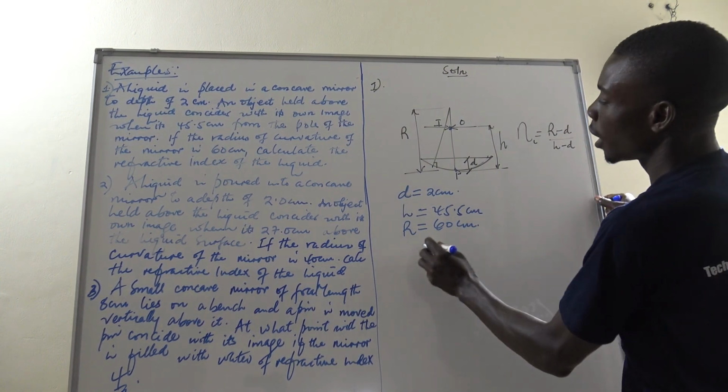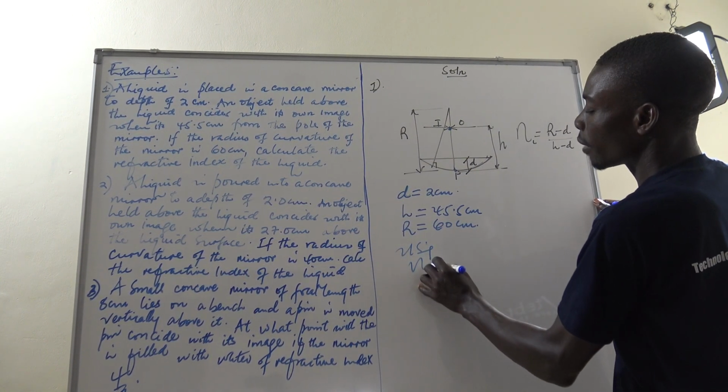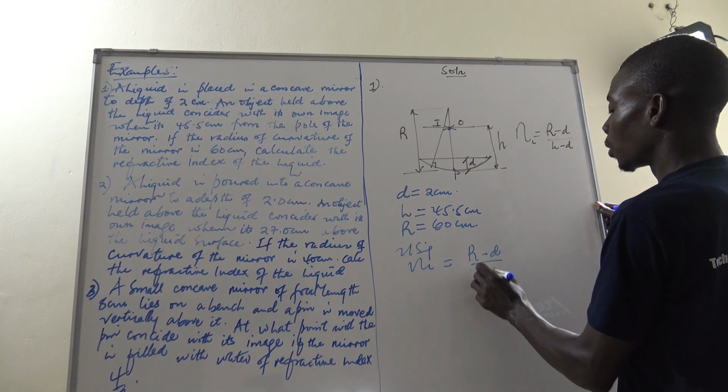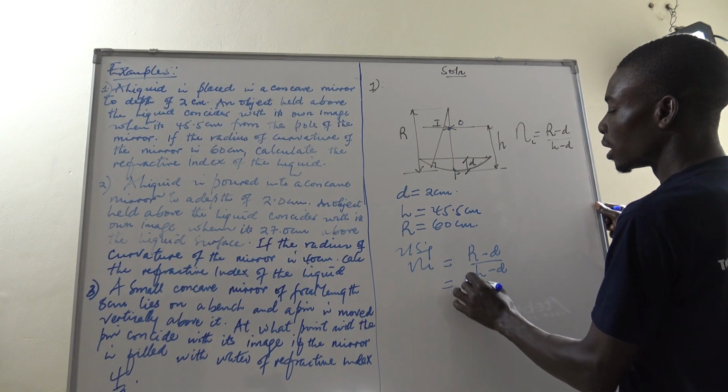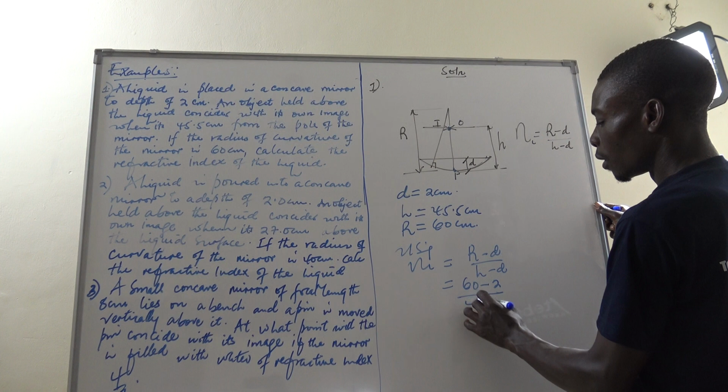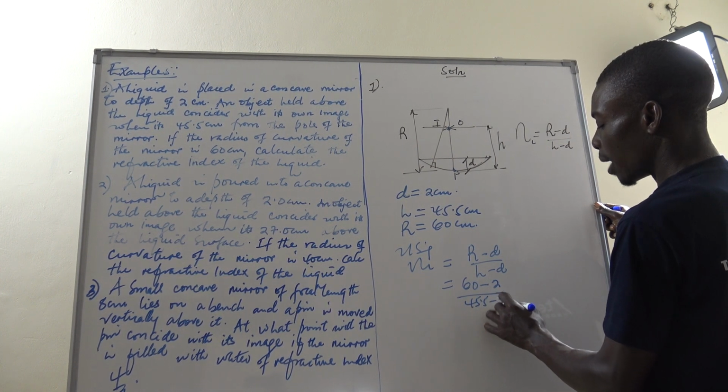So you can now say, using the refractive index equals R minus D out of H minus D, that it is 60 minus 2 out of 45.5 minus 2.